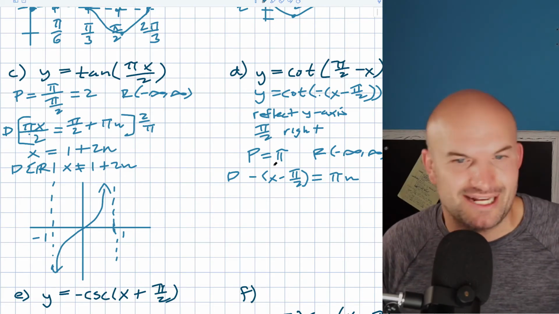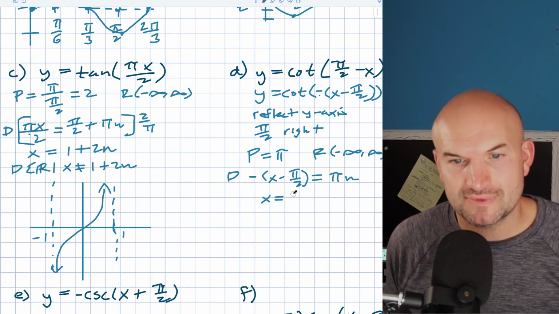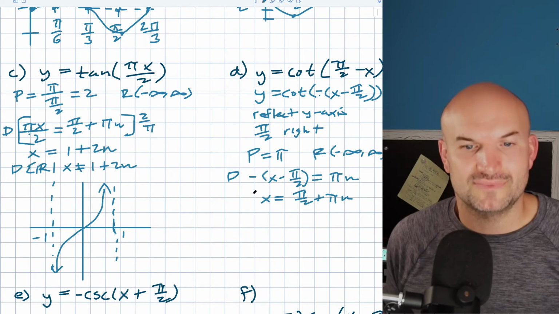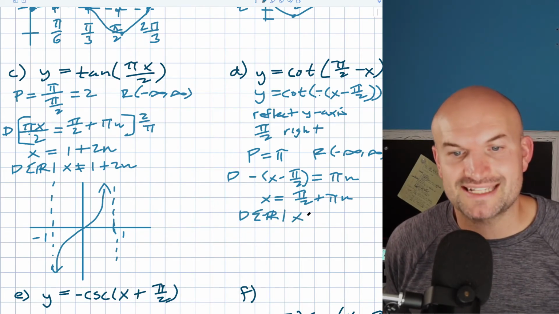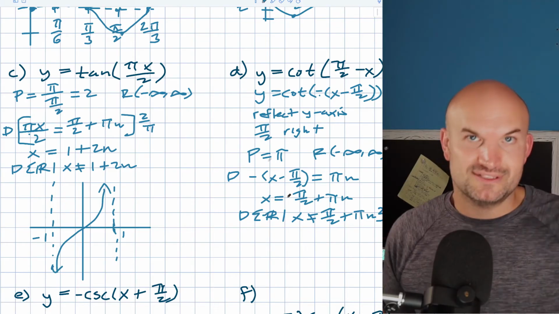So when you divide by negative, it doesn't really change anything. So now I'm just going to have x equal to pi halves plus pi n. My domain is all real numbers such that x cannot equal pi halves plus pi n, which is actually the original domain of tangent.